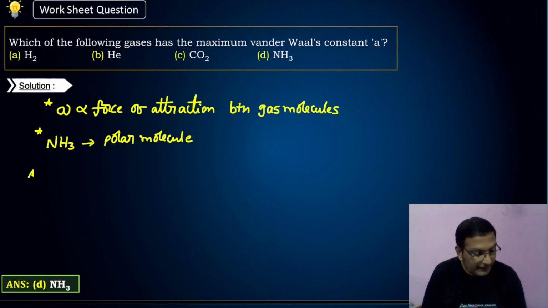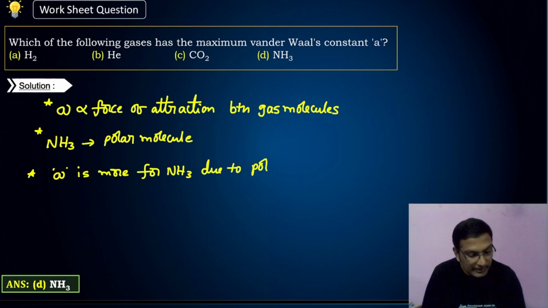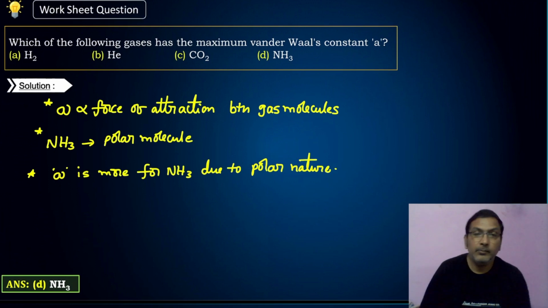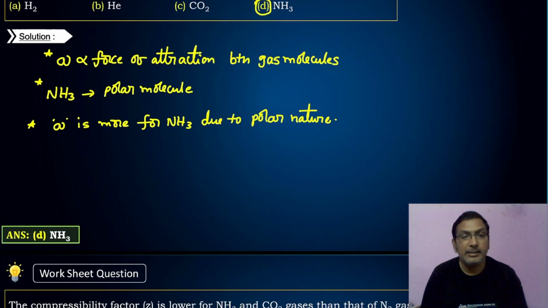So A will be more for NH3 due to polar nature. So as the polar nature increases, force of attraction increases. Therefore, A value also increases. A value is highest for NH3 due to its polar nature. So option will be D. Next.